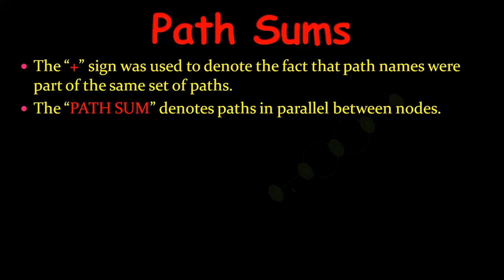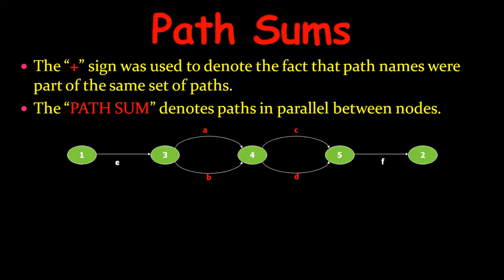In this figure, A and B are parallel between nodes 3 and 4, therefore we can write this as A plus B. Similarly, C and D are parallel between nodes 4 and 5, so we can link them up as C plus D.